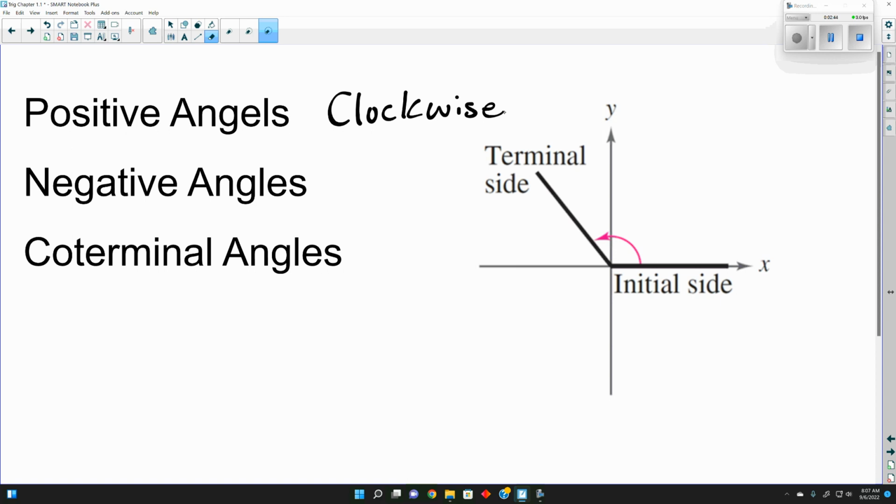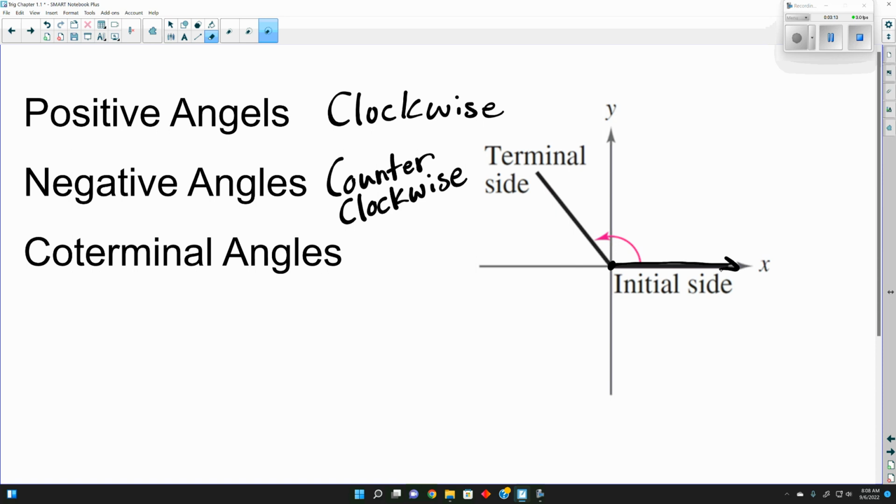If we're going in the clockwise direction on this axis, it's considered to be positive. Negative is going to be counterclockwise. So on the XY axis, we'll have positive and negative angles.